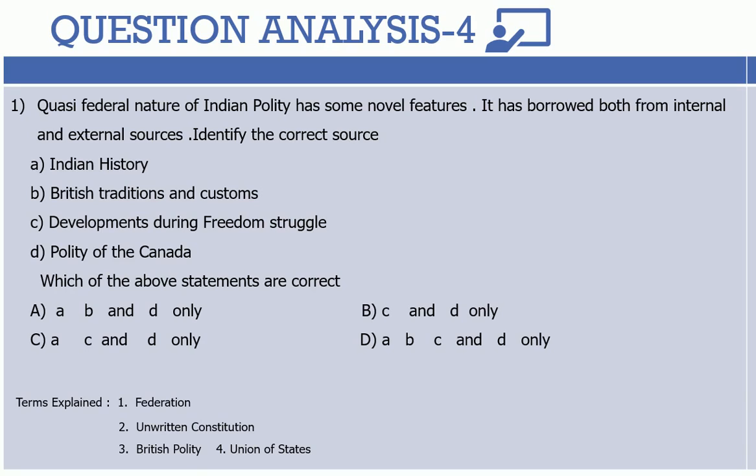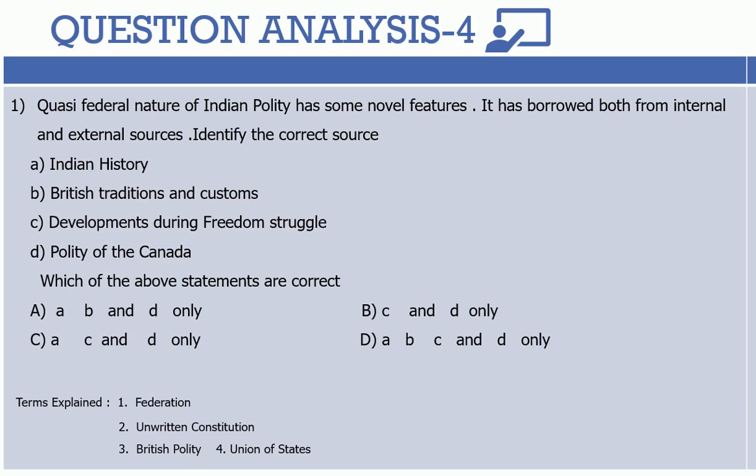Therefore, A, C and D, these three factors inspired the framers of the constitution to make India a quasi-federal state. Therefore, the correct answer will be C: A, C and D only. For this question, it is A, C and D only.